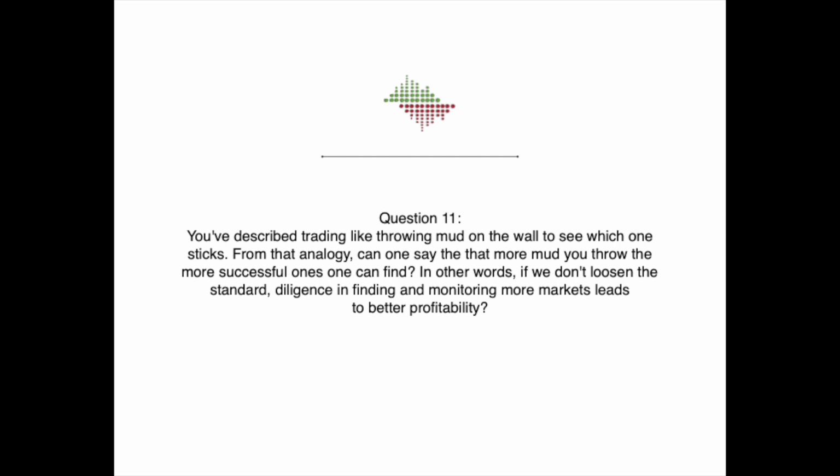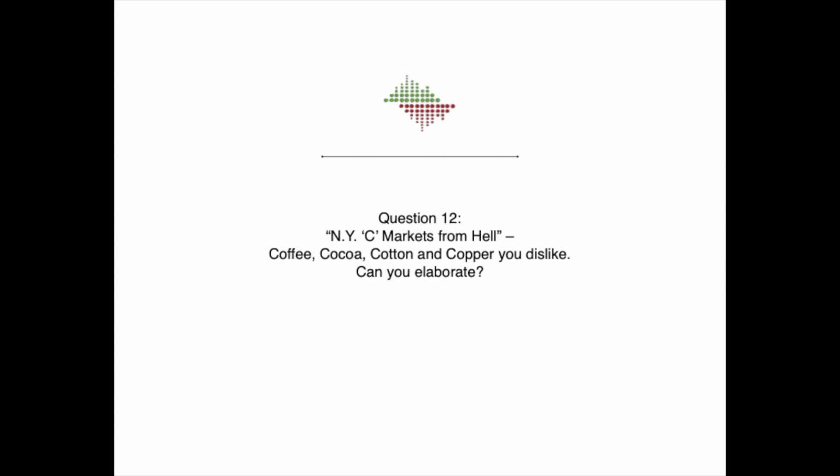Okay, New York ICE markets, from Hal: coffee, cocoa, cotton, copper. I've always felt, going back to the pit days, that my orders were played with, messed with. Copper not so much as cotton, cocoa, coffee.